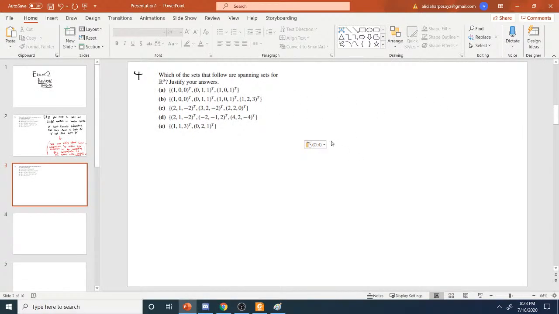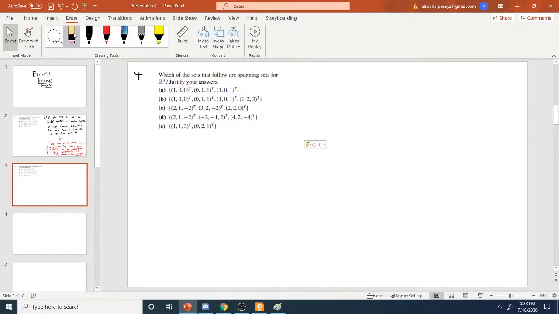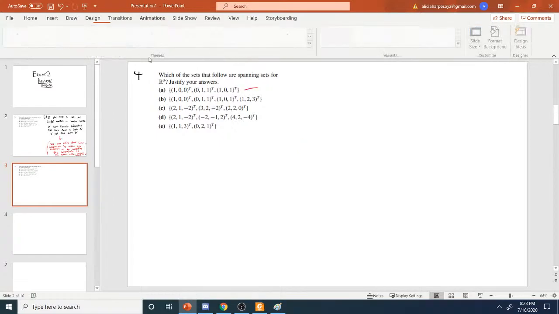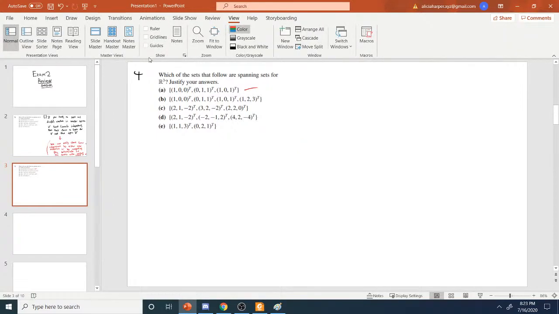So let's see what we're dealing with here. Let's start with the easy one. So we'll start with A. What I'm going to do is take these three vectors and assemble them into a matrix with this as the first column, this is the second, and this is the third. So my matrix A here is going to be 1, 0, 0, 0, 1, 1, and 1, 0, 1.